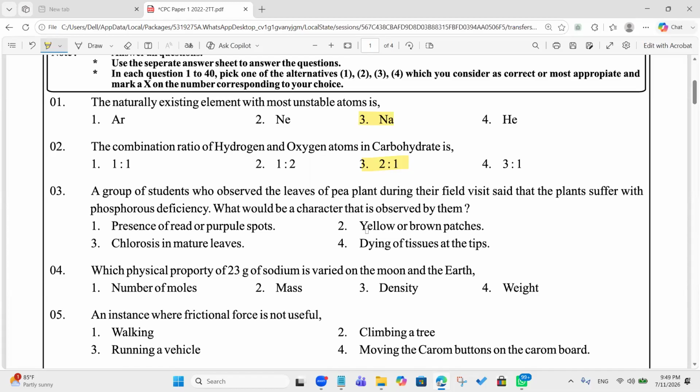Presence of red or purple spots. Yes, presence of red or purple spots. Correct. Because of phosphorus deficiency, it shows this one. Okay. Let's revise the things. Chlorosis in mature leaves. It's due to what? Due to which deficiency the chlorosis in mature leaves occurs?